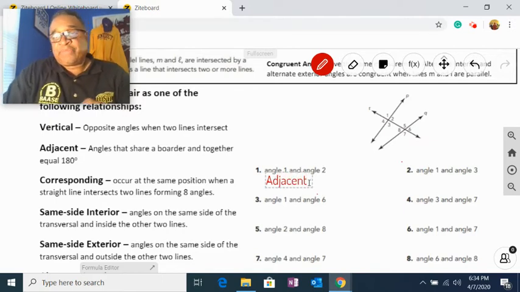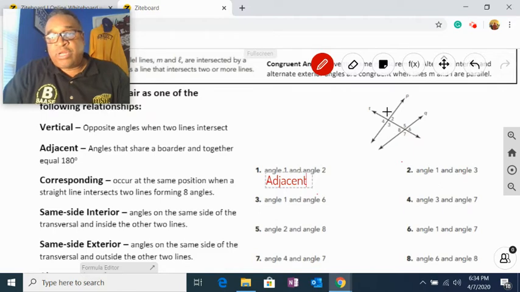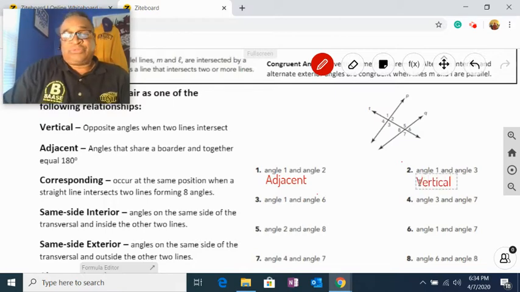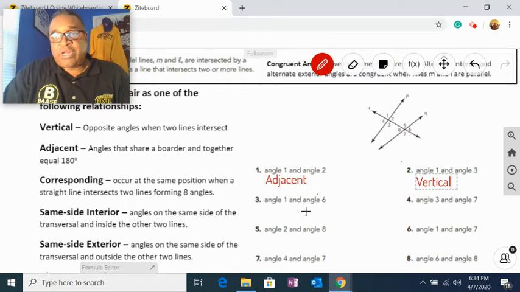So there we would just say adjacent. Okay, how about angle 1 and angle 3 here? Those would be considered opposite angles when two lines intersect, so here we would have vertical angles. How about 1 and 6? 1 is here, 6 is here. They're on the same side of the transversal, and they are outside of the two lines.